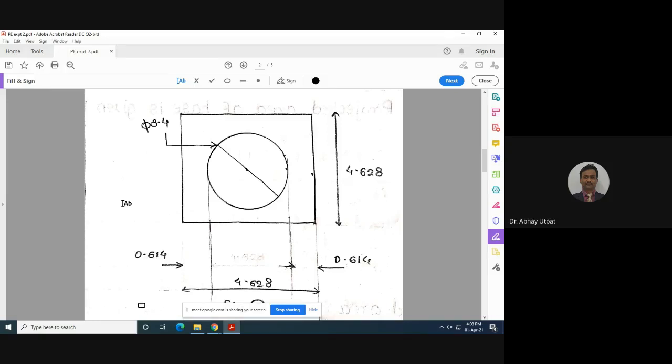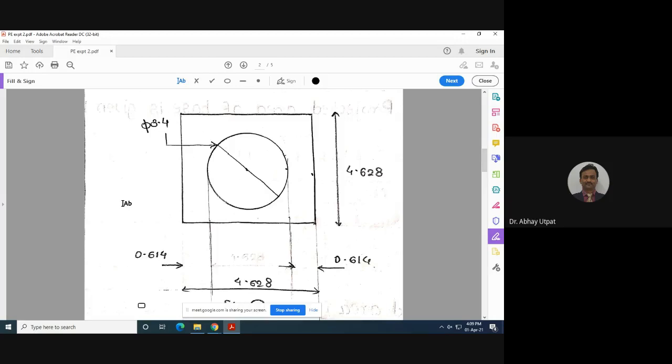Then for one cavity, it will be 21.425 centimeter square. Let us assume that 21.425 is the multiplication of two base sides of the plate. So one side is 4.628, another side is 4.628. So it becomes a square. If you multiply 4.628 by 4.628, it becomes 21.425.